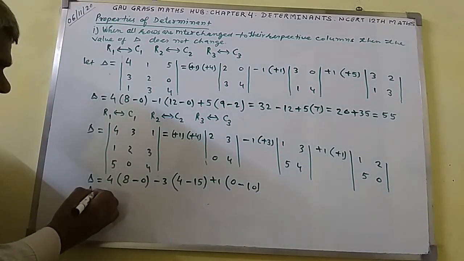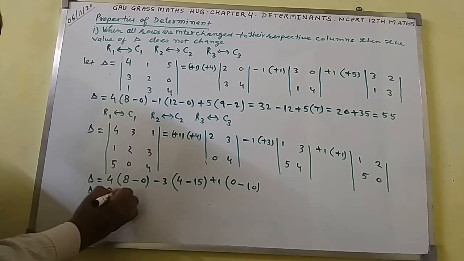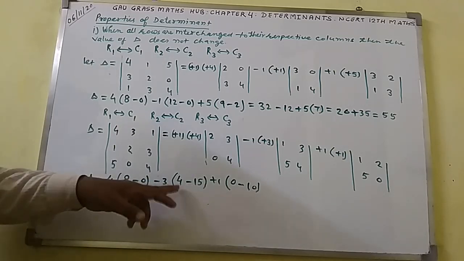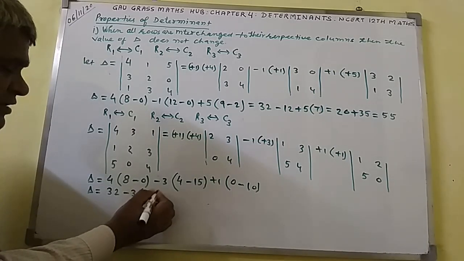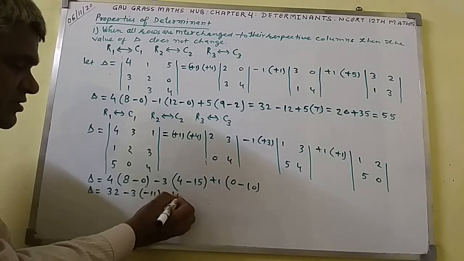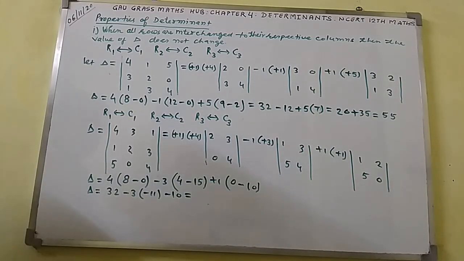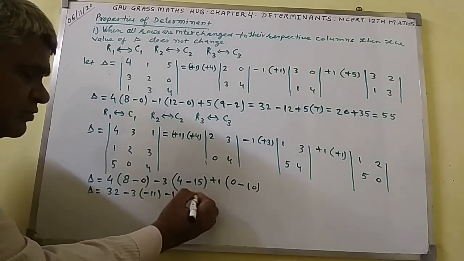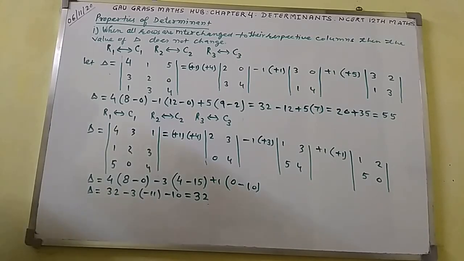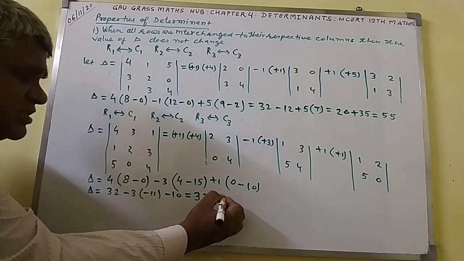Now the determinant will be 4 times 8, we will get 32. Minus 3, I shall write. Here it will become 15 minus 4, you will get minus 11. Here you will get minus 10. Here write minus 10. Now 32, minus minus will multiply together, you will get plus. 3 multiplied by 11, you will get 33.